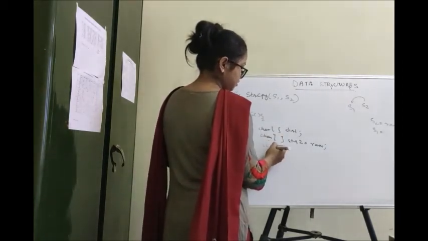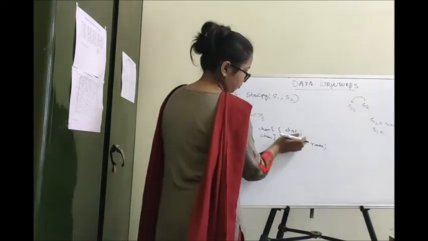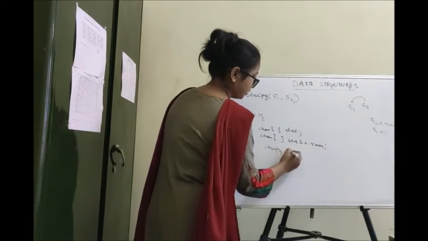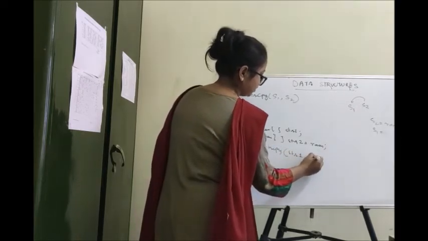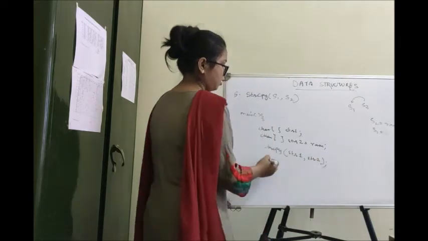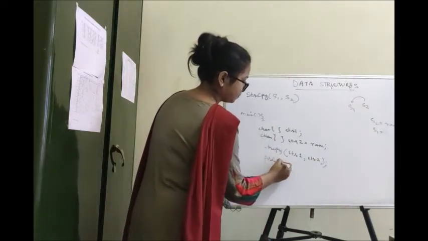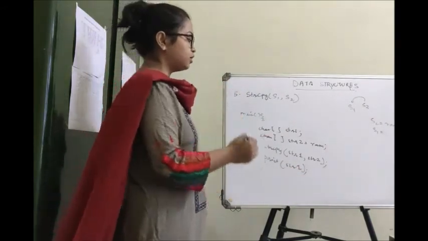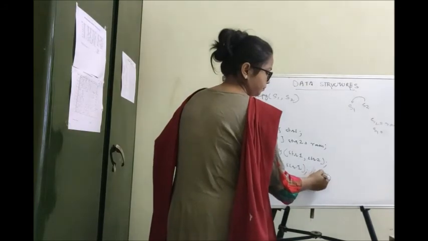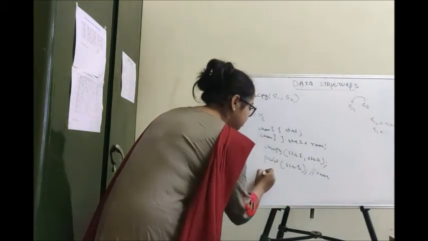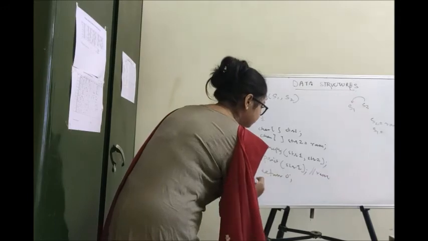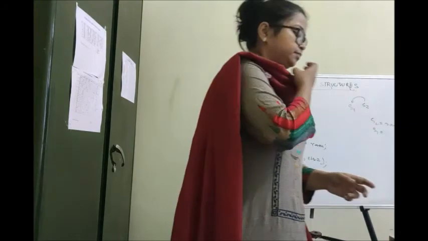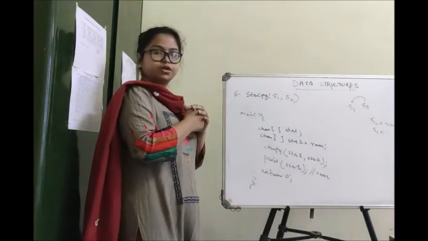So I will call strcpy, string copy, on str1 and str2. Now you can print str1. You will see str1 will be containing Ram. So this is what string copy is.